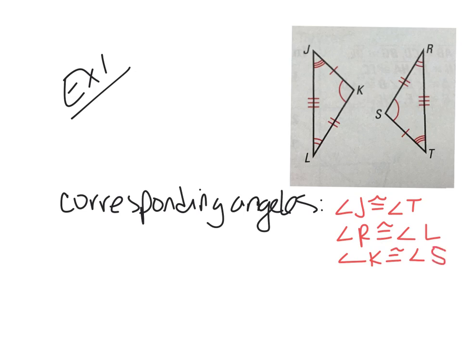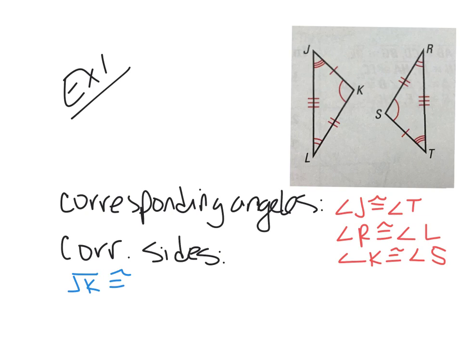All right, and then we have corresponding sides. So, again, we look at the markings. So we're going to say that segment JK is congruent to which one?